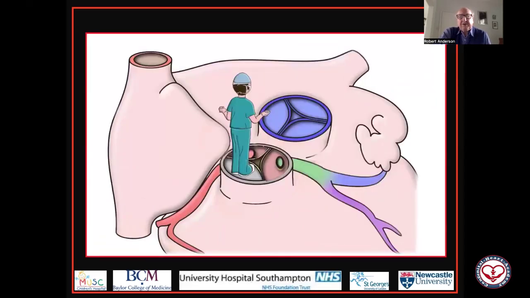So what is the situation in transposition? Well, in two thirds of cases, you have the situation as we see here. Now, of course, the aortic root is anterior relative to the pulmonary root in almost all instances. So we are seeing the back of our surgeon who is looking towards the pulmonary root.